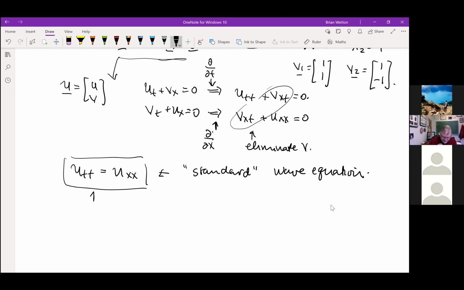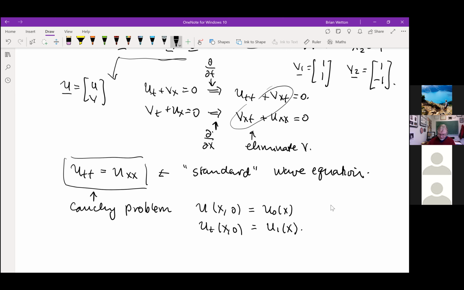So it's a second order problem. If I talk about the Cauchy problem, that's the problem for u for all of x, then you have to give initial data for the value and its derivative. So I'm going to give u of x and 0 will be u0 of x, and ut at 0 is u1 of x.